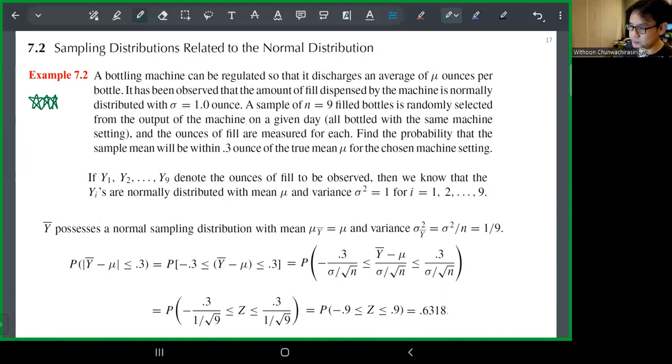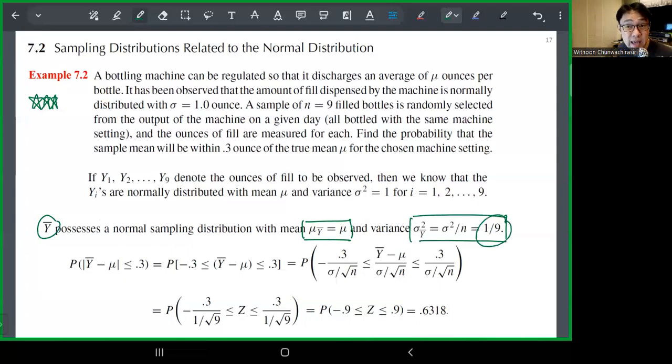Okay, so what you have here is, the Y bar is just the sample mean, and we kind of know that it's going to match the actual mean of the population. But because the variance of the Y bar is the variance of the population over N, now you know it's going to be 1/9.